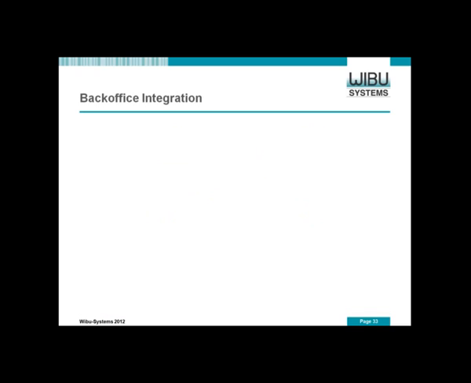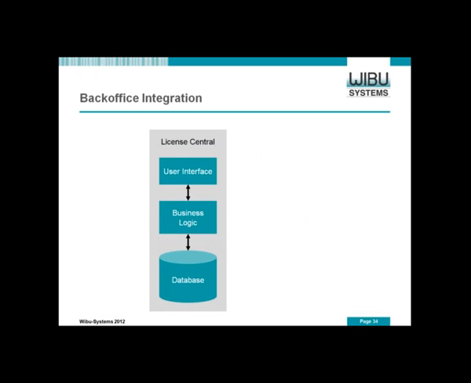There are many ways to integrate License Central into your processes. License Central consists of a database, an application server with the business logic, and of course a ready-to-use user interface. So you can use License Central, as you see here, as a standalone product. Or you can integrate License Central in your ERP system or CRM system.